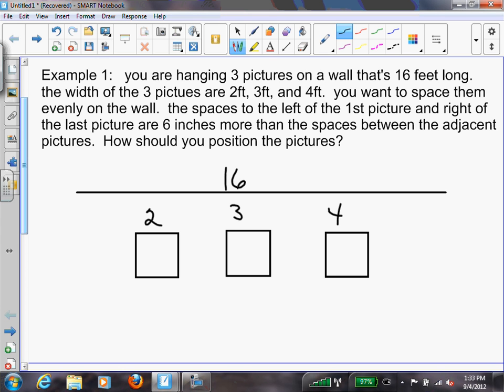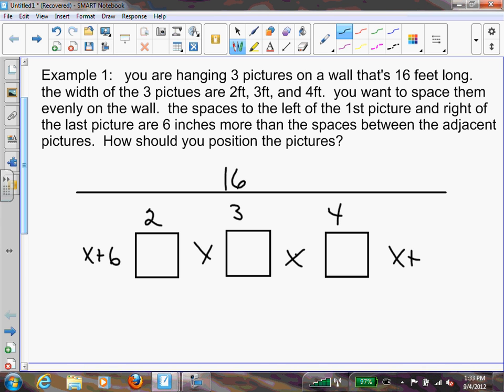We know that the spaces to the left of the first and the right of the last are 6 inches more than the spaces between the adjacent pictures. So, Megan, why did you tell me to put x plus 6? Because you know 6 more. So this is x plus 6. What is that going to make these spaces then? X, excellent. And then that makes this x plus 6, correct?